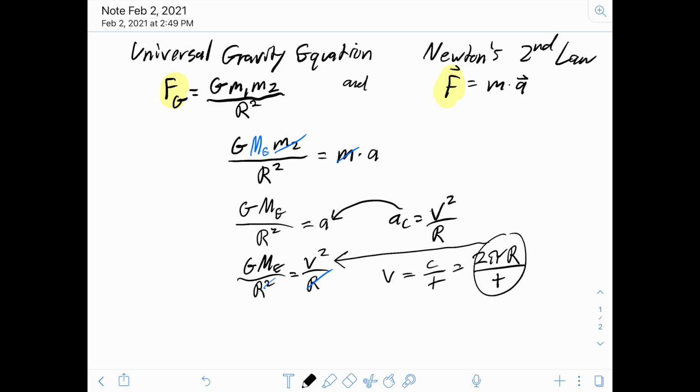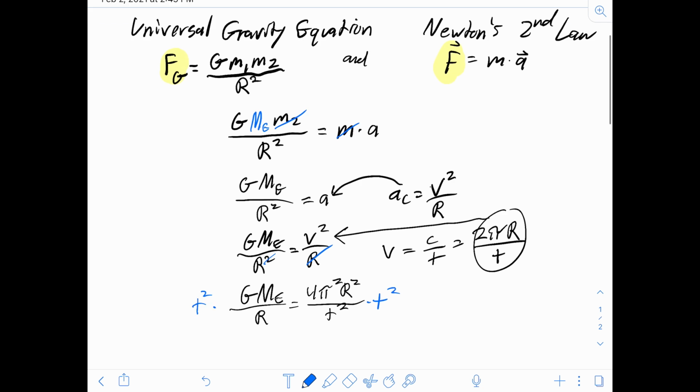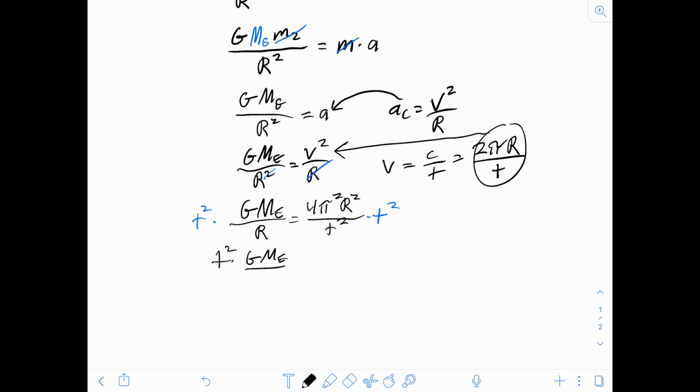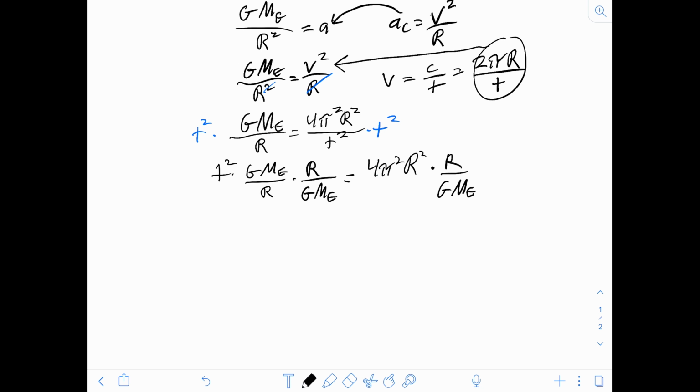Since we are solving for time and we have time squared in the denominator, we'll multiply both sides by t squared. Now in order to get t by itself, we'll use a little bit of algebraic magic and multiply both sides by the radius over the gravity constant times the mass of Earth.